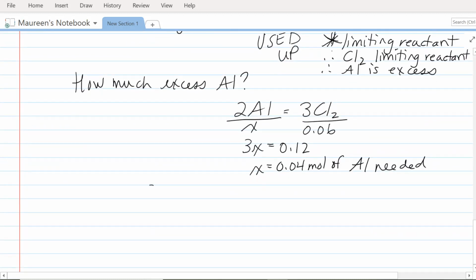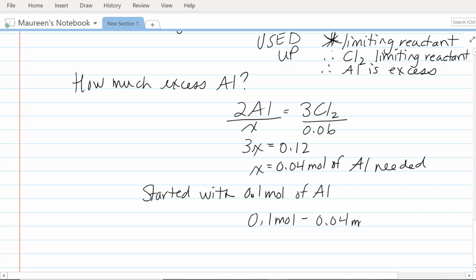And we started with, what was that number again? 0.1 moles of aluminum. So 0.1 mole minus the 0.04 mole would give us 0.06 moles of excess aluminum.